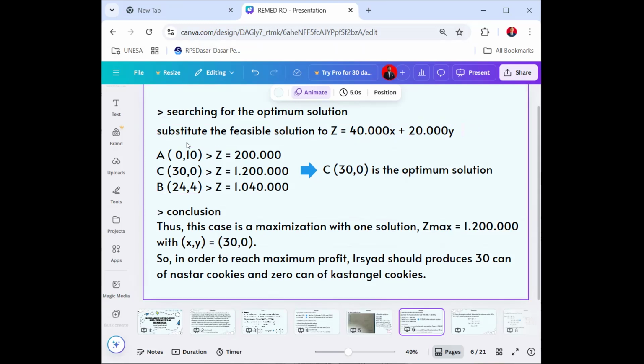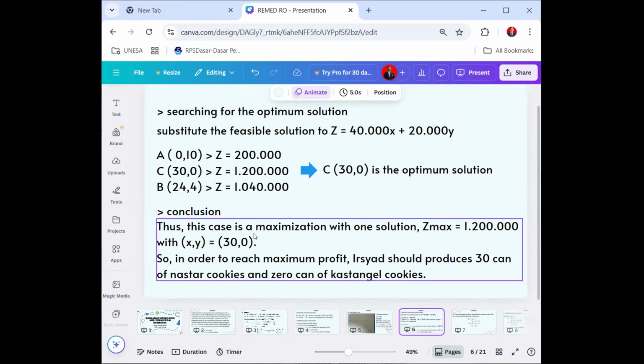We substitute each point into that z, and we get the value of z like this. From this, we know that point C is the highest of the other points. So C, that is (30, 0), is the optimum solution.